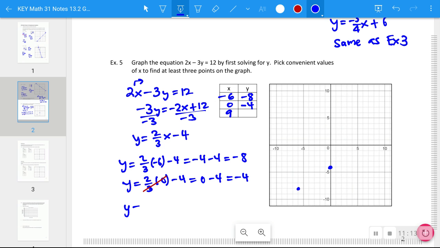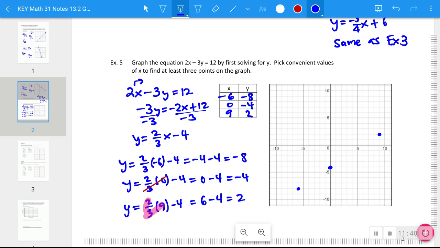And the last one here we're going to plug in is 9. Oops. 2/3 times 9 minus 4. Okay, the first part here is going to give 3. 9 divided by 3 is 3. 3 times 2 is 6. So it's going to be 6 minus 4, which would be 2.